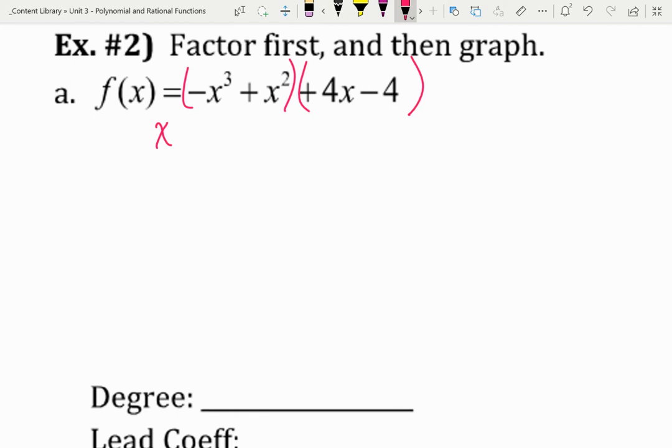I'm gonna take out an x squared. So I'm left with, actually let's take out a negative, because that will make them, there we go. So we get x minus 1, and then I'll take out a 4, and I get x minus 1 as well.